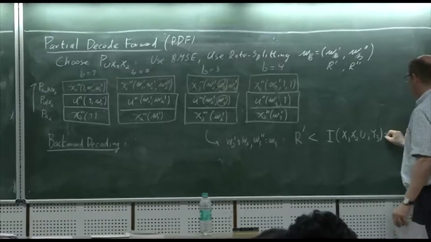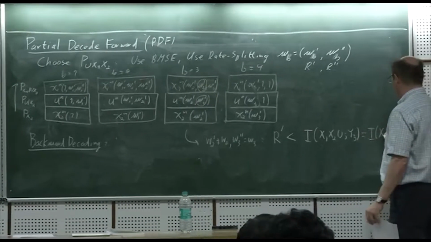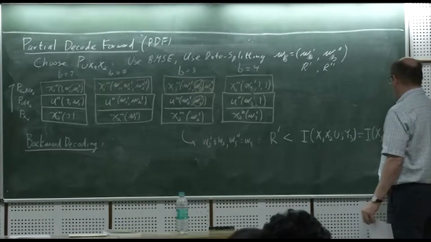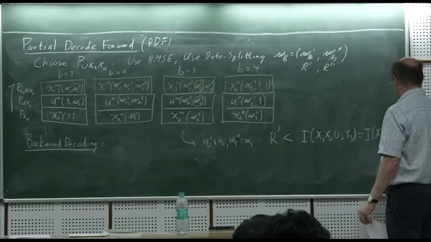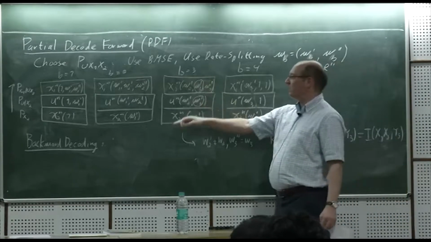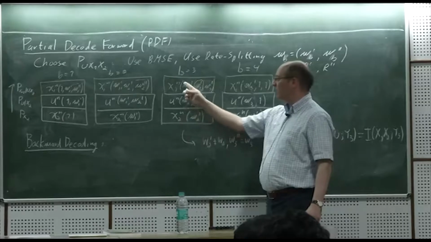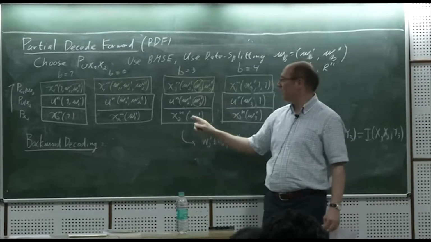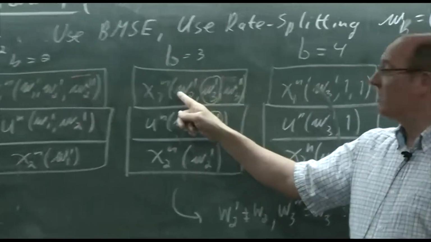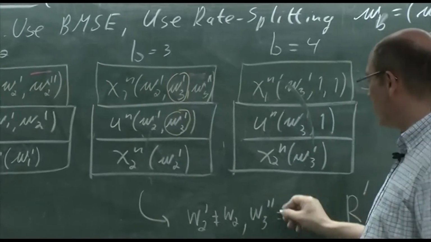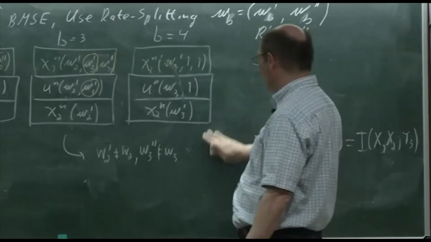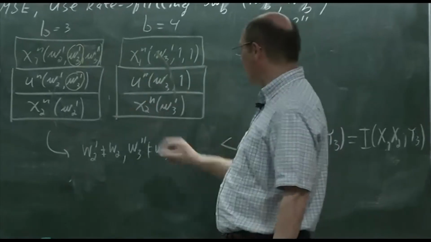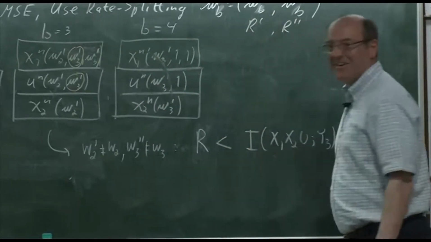Because all 3 of them are for an incorrect codeword, the probability that a random choice is wrong is that, all 3 will together be wrong because they all carry the same index. In fact, I may as well do the case where both are wrong, I'll get a tighter bound, which will just be R prime plus R double primed, so R less than that, right?